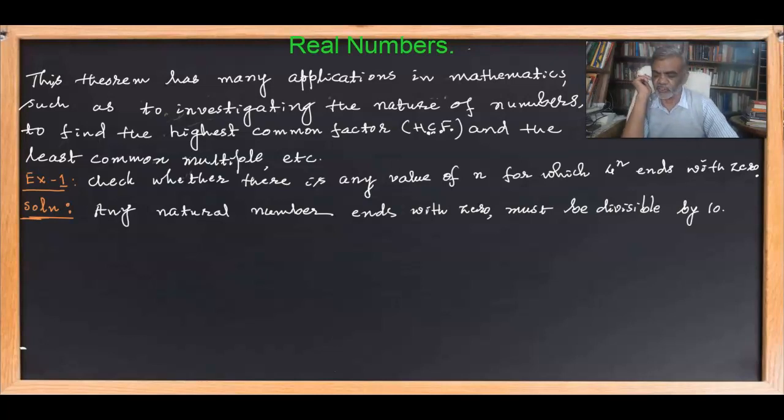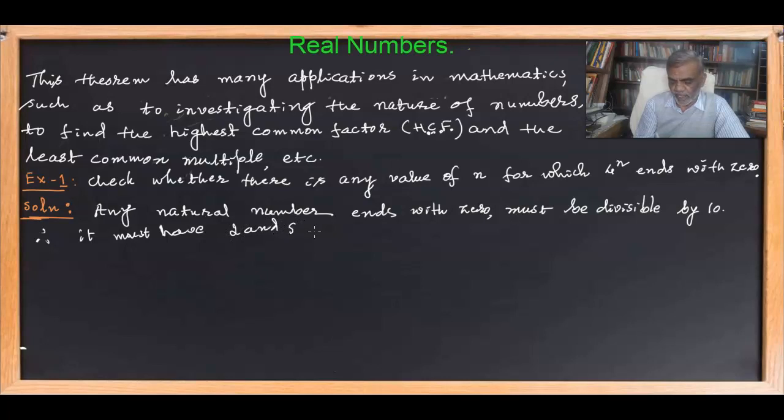Any natural number that ends with 0 must be divisible by 10 or be a multiple of 10, and therefore it must have 2 and 5 as factors, because 10 is equal to 2 into 5.